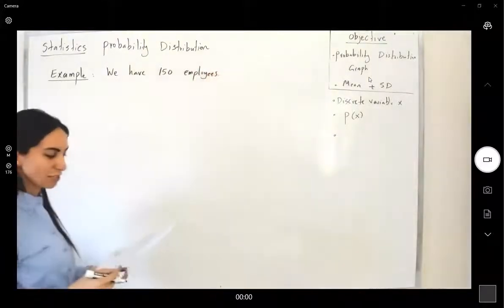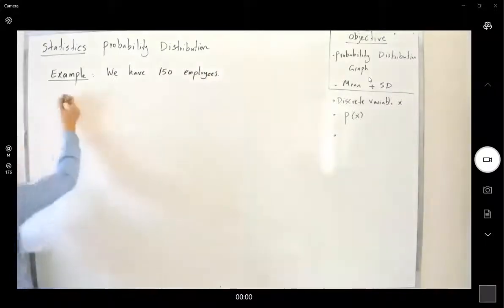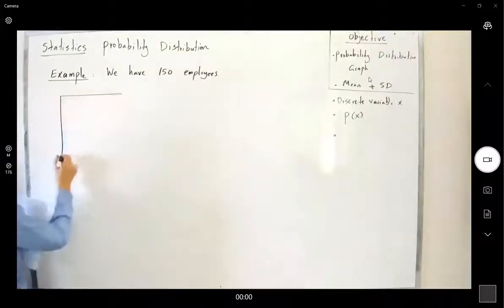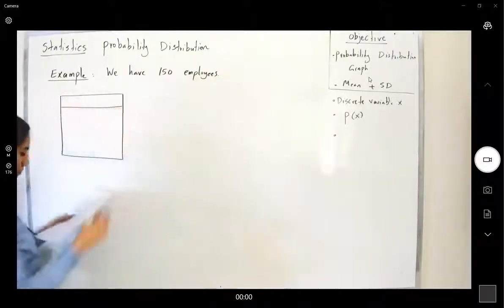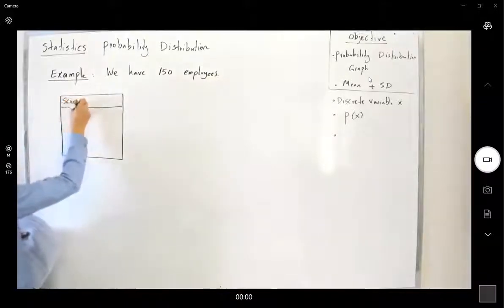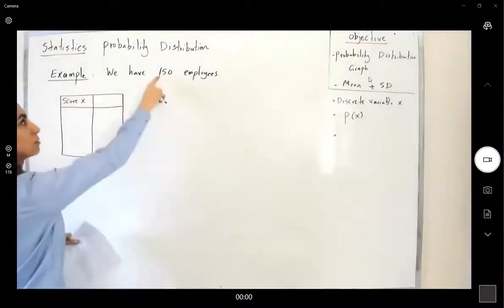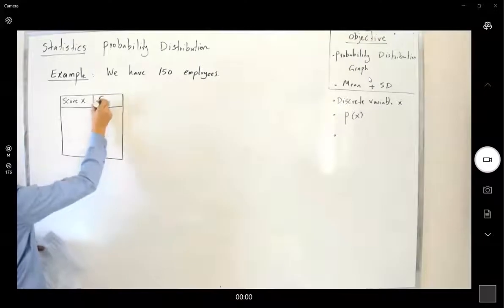Each individual was given a score from 1 to 5. And this is the table that they use to summarize all of this information. In this table, they have the score, which is x, and we have the frequency, f. Remember that we have 150 employees.